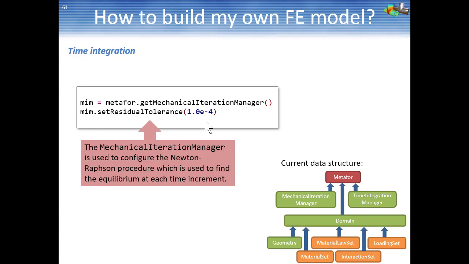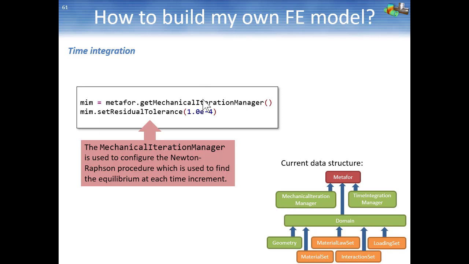So as Metafor tries to reduce this error, you must give a tolerance to Metafor so that he is able to say, okay, I have reached this difference, so the time step looks converged. The equilibrium is not perfect, but it's close to perfect. Of course, you can guess that if this number is very, very small, you will make a lot of iterations.